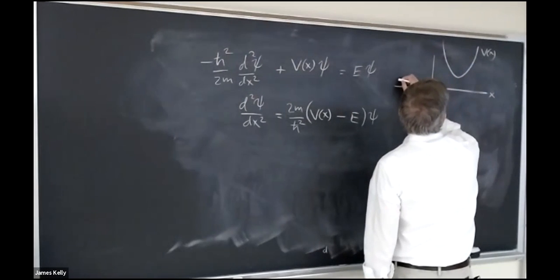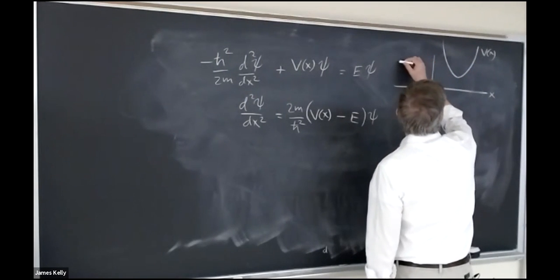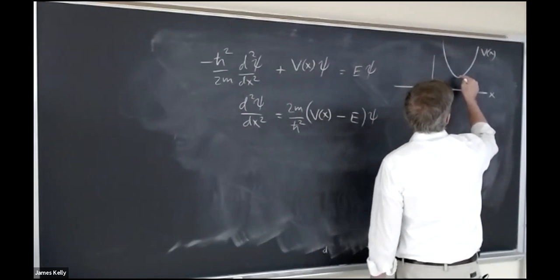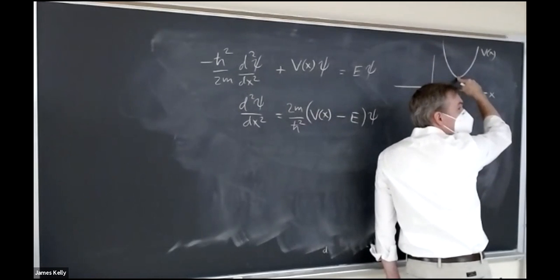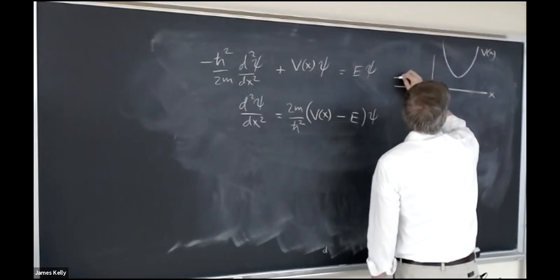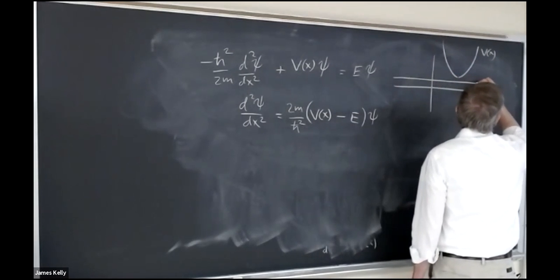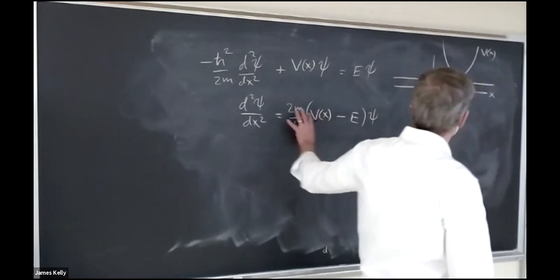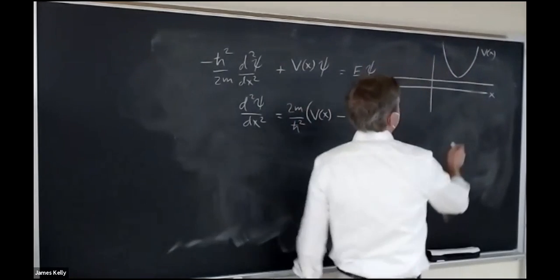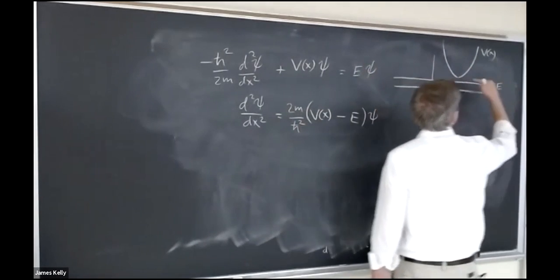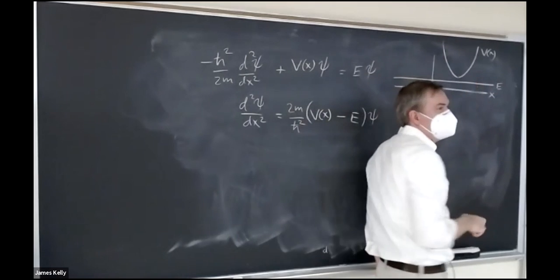the lowest energy state has to have an energy which is above the minimum of the potential. In other words, there's never going to be an energy eigenstate, a solution to this equation, where the allowed energy is below the minimum value of the potential.